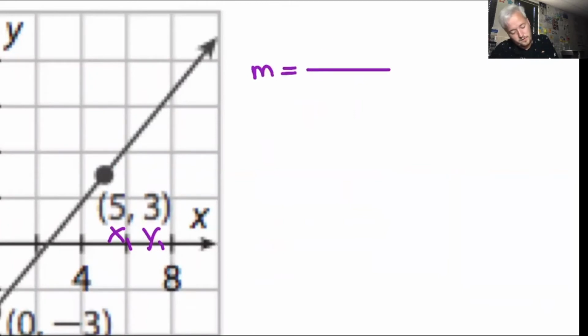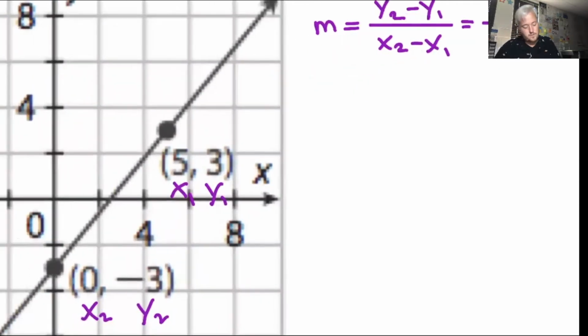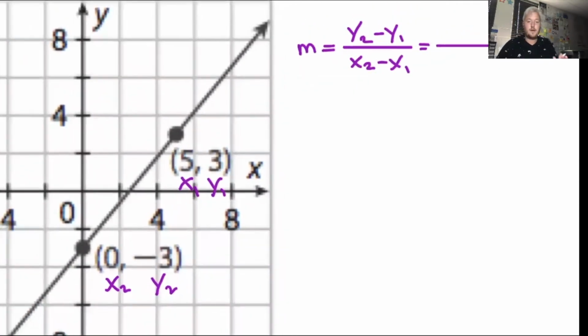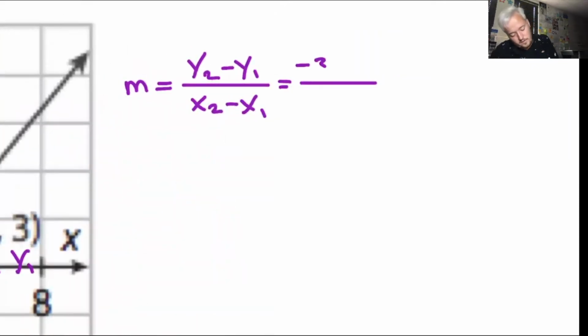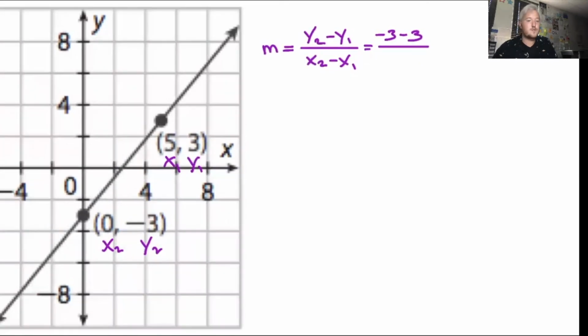So if you remember your slope formula, y2 minus y1 over x2 minus x1. So y2, which is -3, minus y1, which is +3. So I want -3 minus 3. Now my x2 minus x1, so I want 0 minus 5.